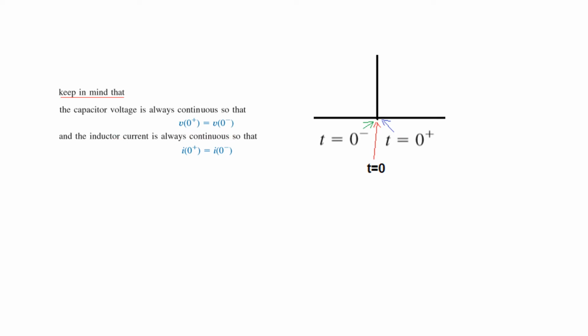So the inductor current at this point will be same at this point. Keep in mind also that when we say I, we mean I inductor, and when we just say V, we mean it is V capacitor, voltage capacitor.